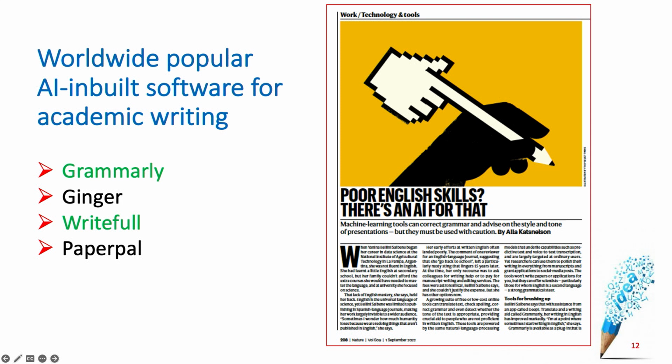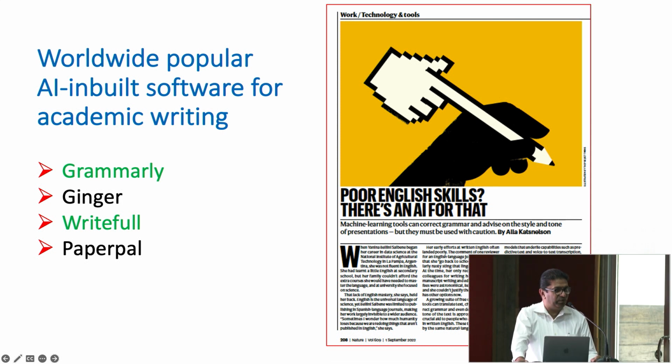So I have been using all of them, but out of these all four, Grammarly and Writefull make my life easy. And those two are the best in the world as of today. So that is the very reason for me to select these two. But it does not mean that you cannot use Ginger Paperpad. You can use as well.